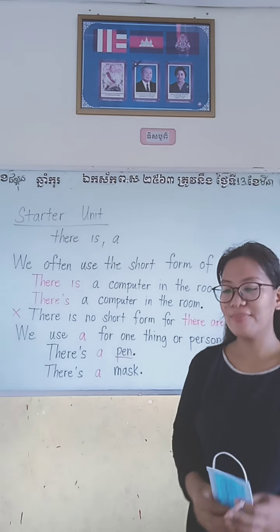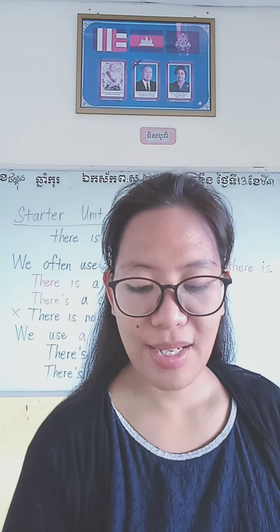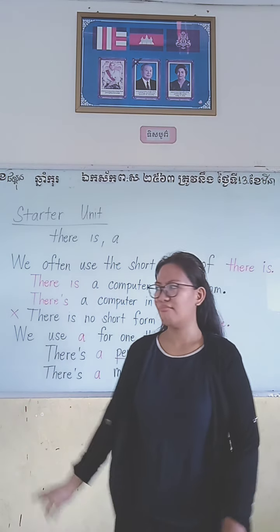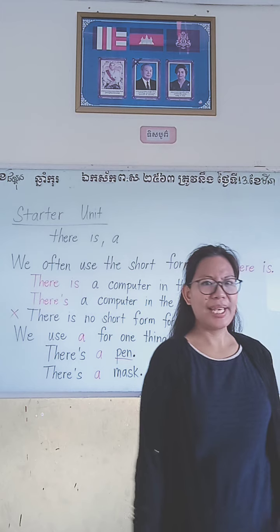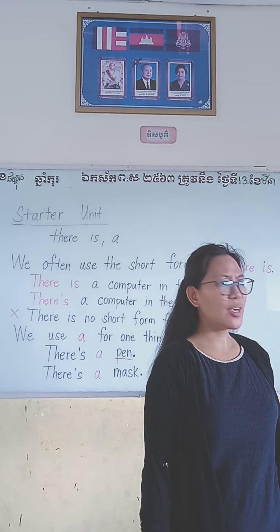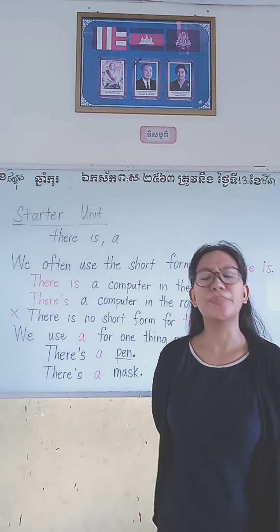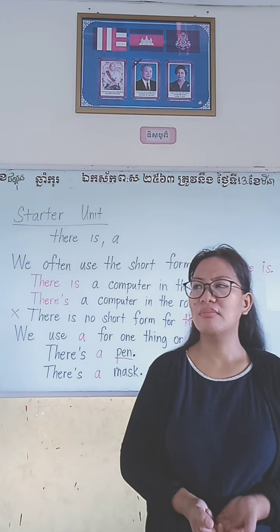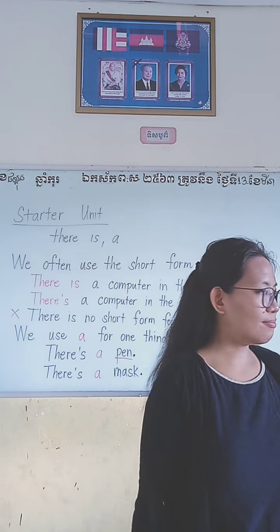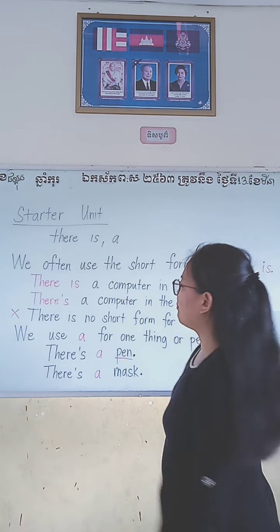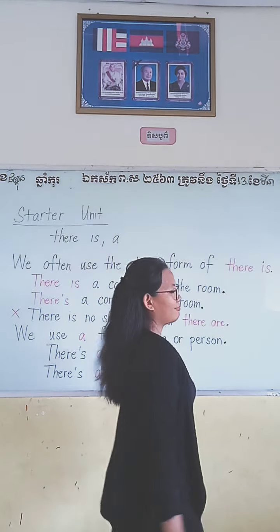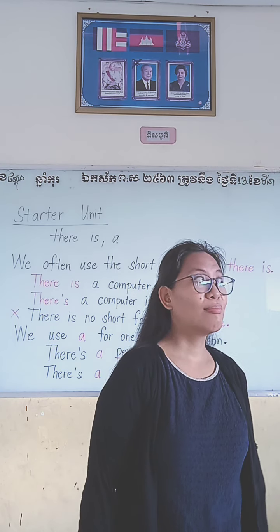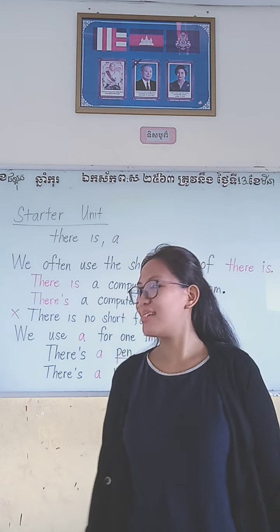So this time, try to look at any object inside your room. Or maybe you are sitting in your living room. Look for any object. Turn around. Look to the left and to the right.